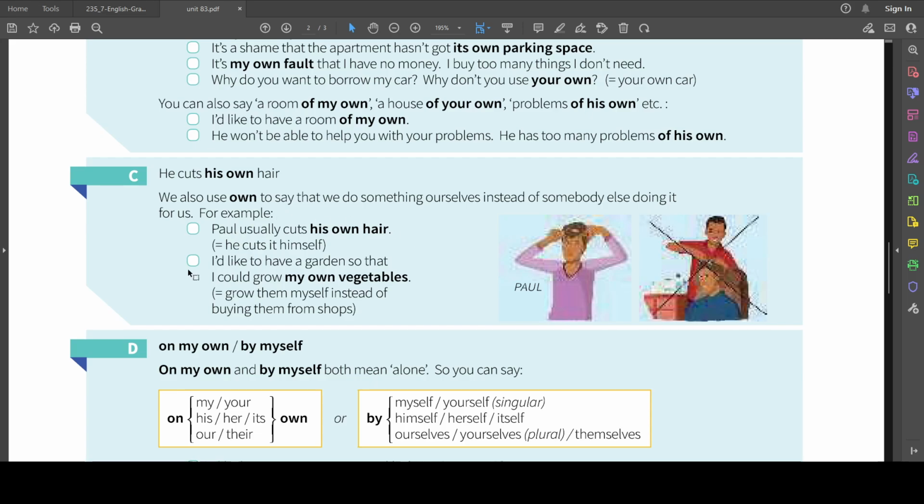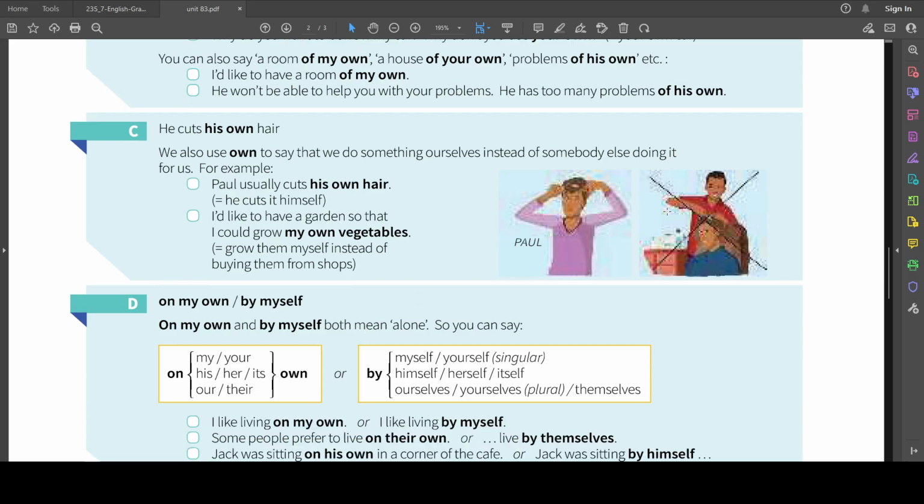Another example could be, I'd like to have a garden so that I could grow my own vegetables. We're talking about growing them myself instead of buying them from a shop. We're talking about two actions that we can do for ourselves instead of somebody else doing it. Paul is able to cut his own hair instead of somebody else doing it.